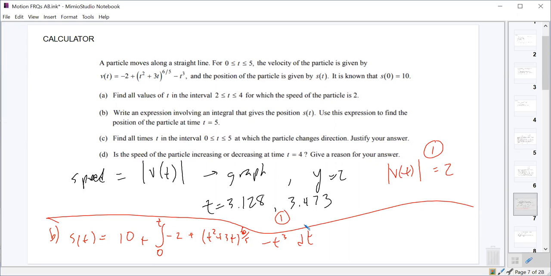And actually I probably should have written these as x's or some other variable, since I put a t up there, so I'm going to do that. You always got to change this variable. We talked about this before. It's called a dummy variable.